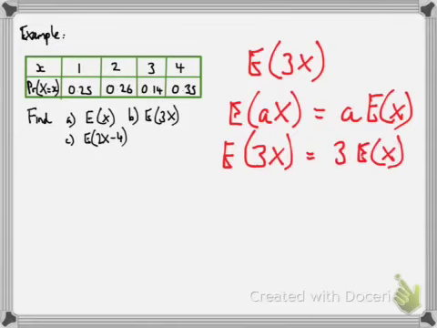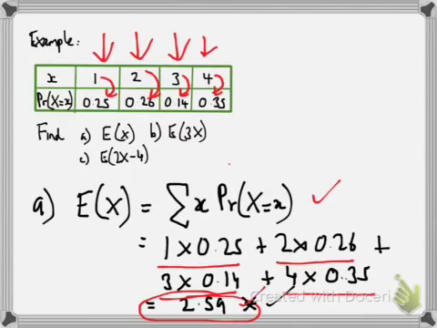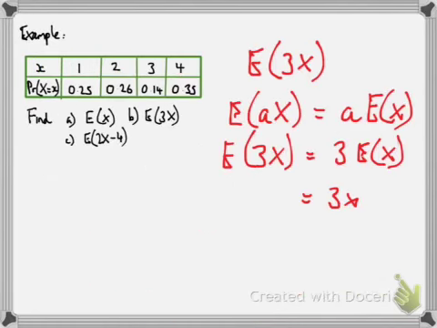See how I've taken the 3, which is my a value, and put it out the front. Okay, so that will equal 3 times, now of course we just worked out what the expected value of x is. It's here, it's 2.59, so it's 3 times 2.59. That equals 7.77.